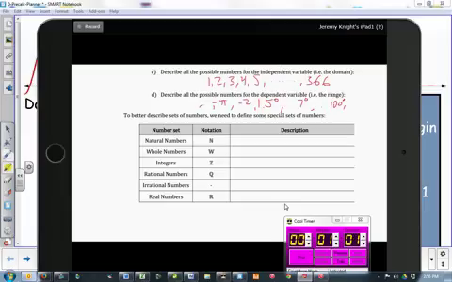Okay, so we've got a vocabulary. What are natural numbers? 1, 2, 3, 4, 5, 6, 7, 8. Those are naturals. Used for counting.